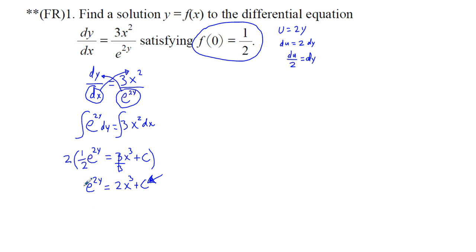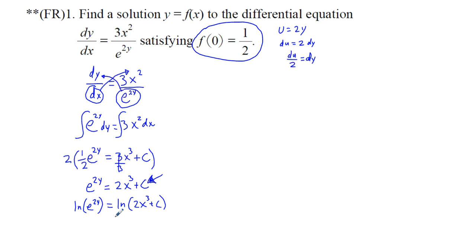So now to solve for y, we're going to get rid of this e by taking the natural logarithm of both sides. So we say natural logarithm of e to the 2y equals natural logarithm of 2x cubed plus c.